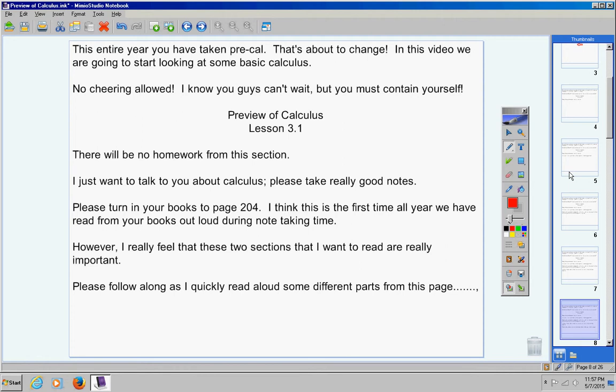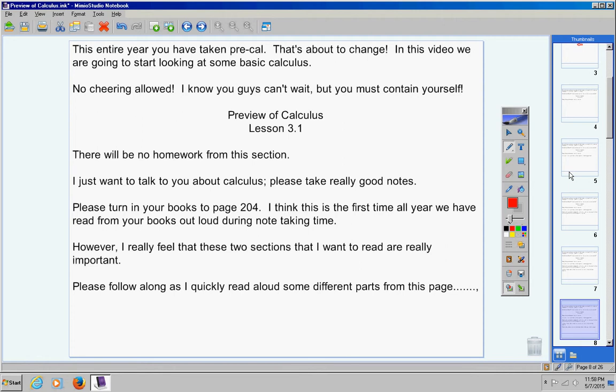Calculus is also the mathematics of tangent lines, slopes, areas, volumes, arc lengths, centroids, curvatures, and a variety of other concepts that have enabled scientists, engineers, and economists to model real-life situations. Now that's an important paragraph. It tells you what calculus is, what it involves, what it deals with, okay?